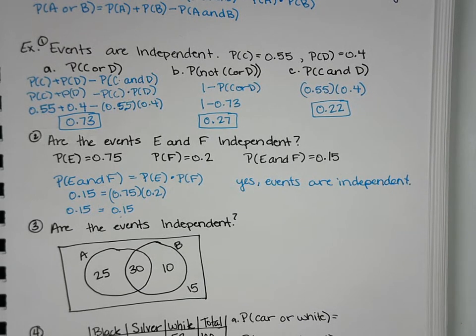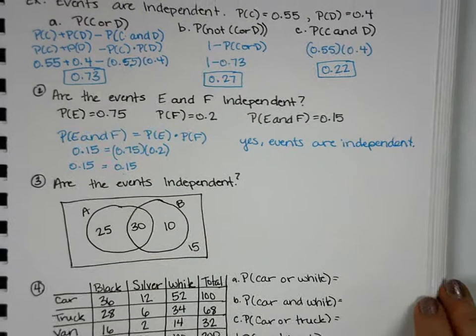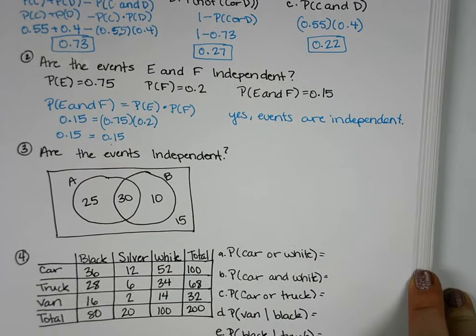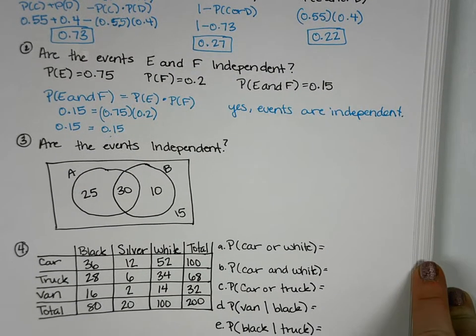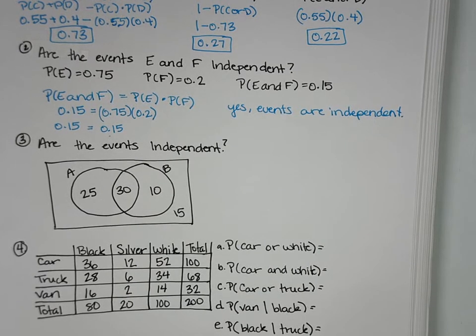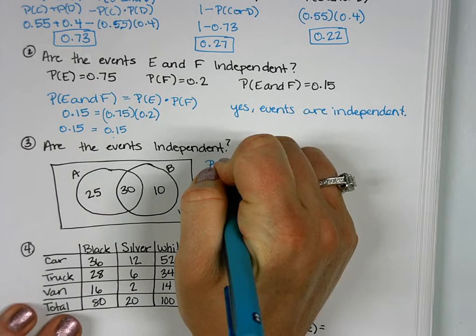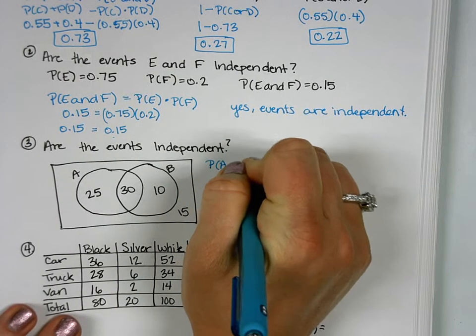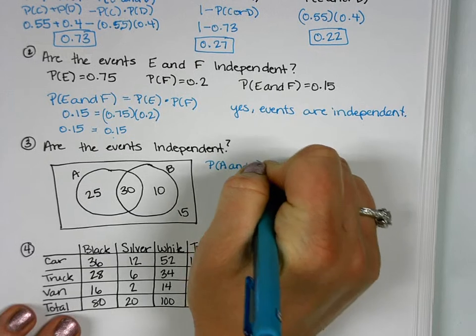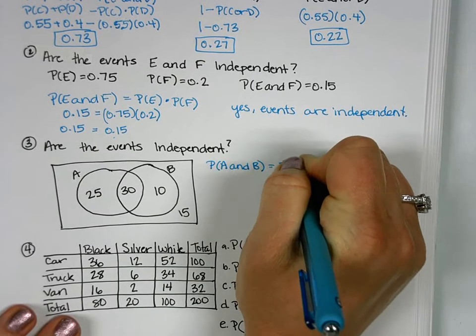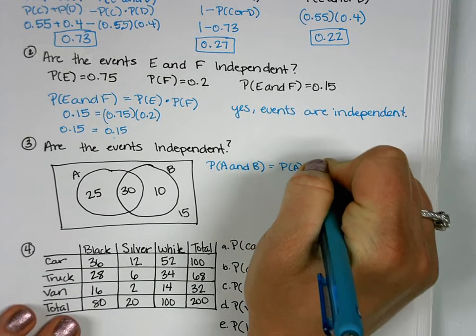Okay, so the next one we're going to try to tell again. This is a test for independence. Are they independent? Here we're given the same type of information just in Venn diagram form. So again we're doing the same test: probability of A and B together, does that equal the probability of A times the probability of B?